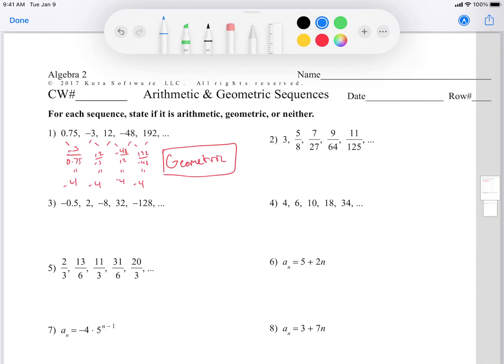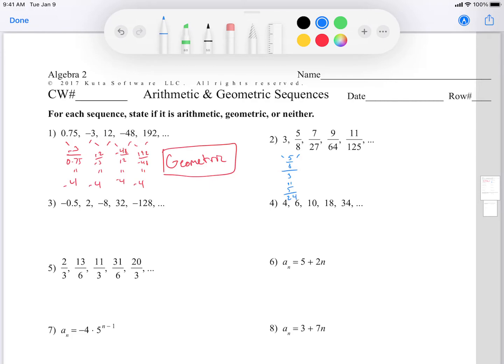I know this is going to be weird, but what's 5/8 divided by 3? It's 5 over 24.